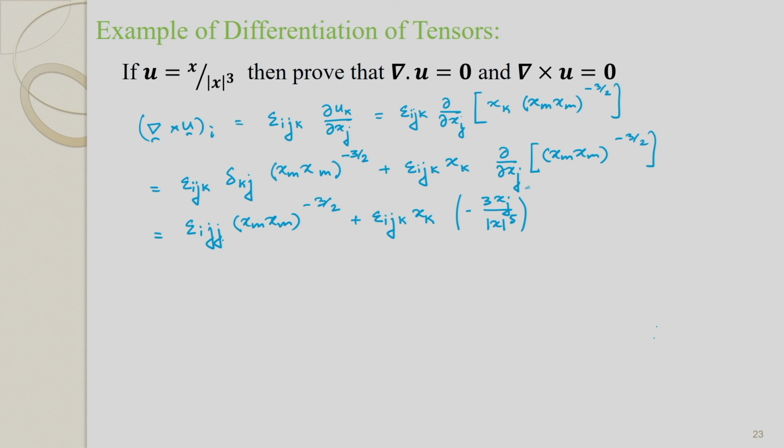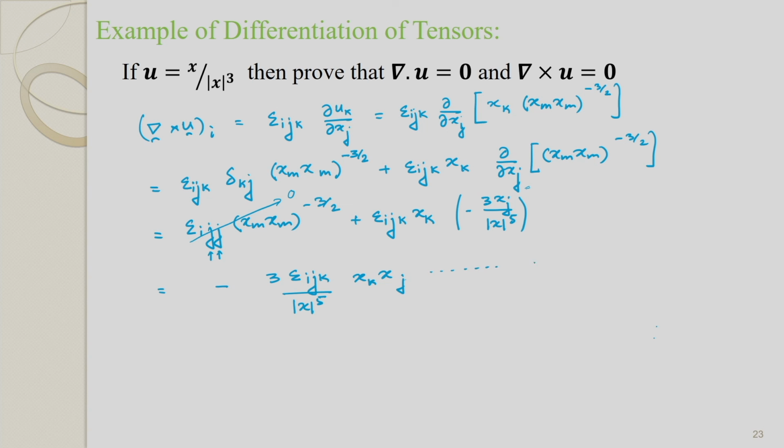Now here these two indices are repeated. We know for permutation symbol, if two indices are repeated then it is 0, and this we can write as minus 3 epsilon ijk by mod x to the power 5 xk xj.